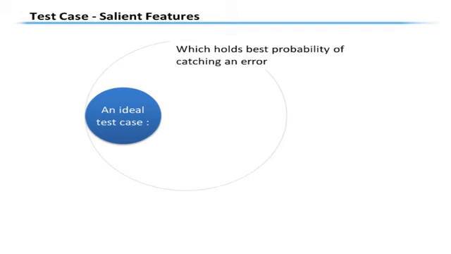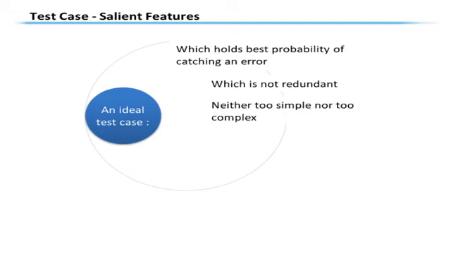An ideal test case should reasonably find an error or defect in the software system. It should not be repeatable in terms of functionality, data, or system behavior. An ideal test case is neither too simple that it's not enough to drill the software functionality, nor too complex to manage and execute.